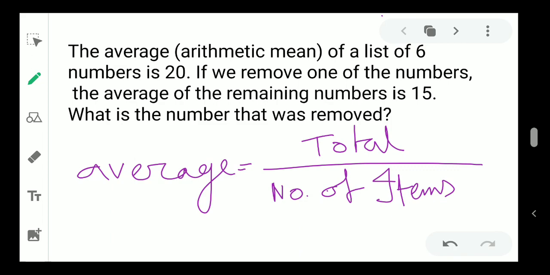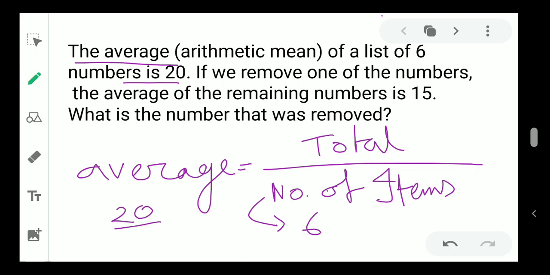6 numbers are there, so the total number of items is 6. And the average is given, that means the average is 20. Then obviously we can find the total. What will the total be? Total will be average into the number of items.